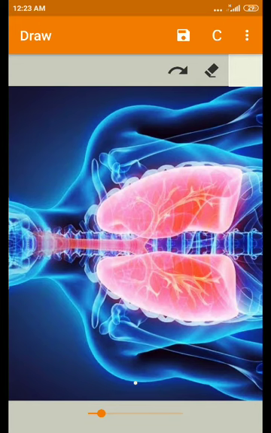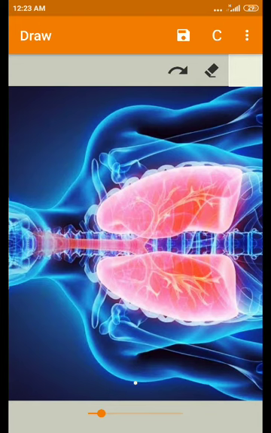Now we are going to take a condition called, it's not a condition, it is a group of diseases combined and called obstructive pulmonary diseases, that is COPD. COPD is nothing but chronic obstructive pulmonary diseases.